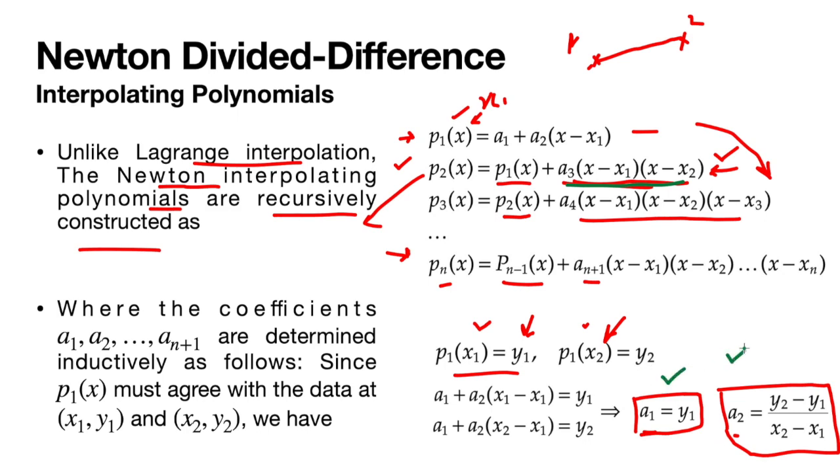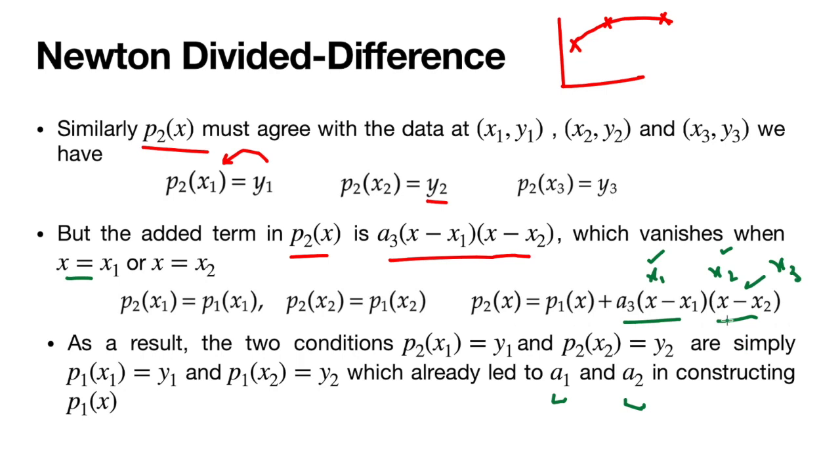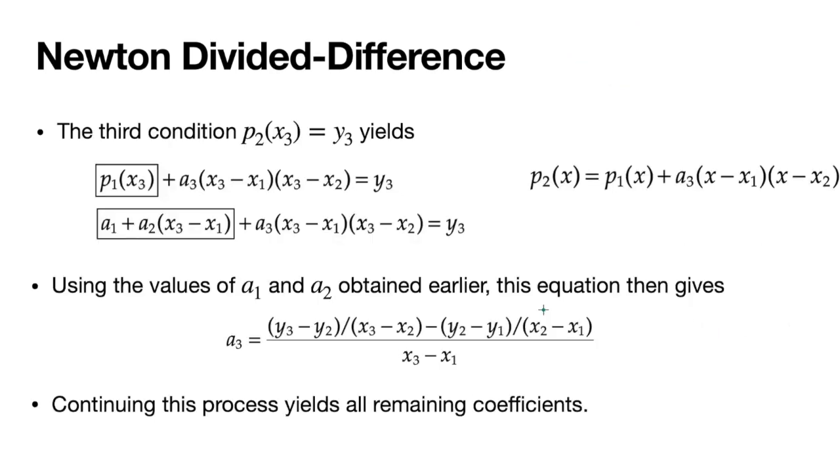Because the third point only adds to the last term, it has no effect on the previous terms. So if we put x3 in place of x, we get this equation, p1(x3) is equal to a3 x3.